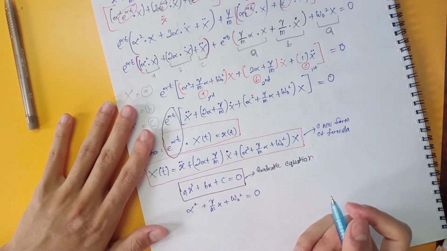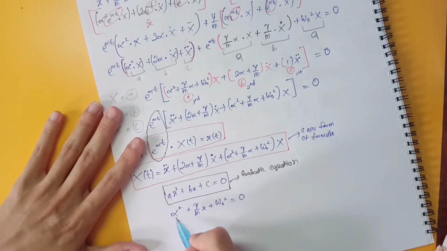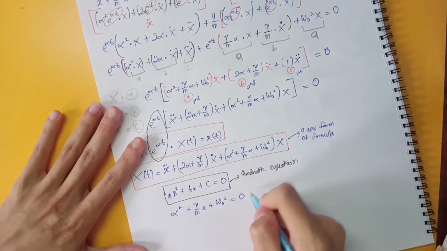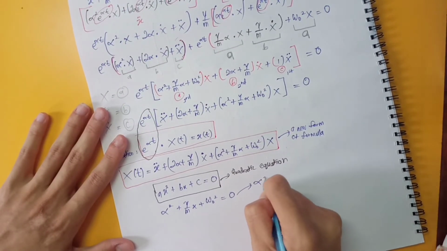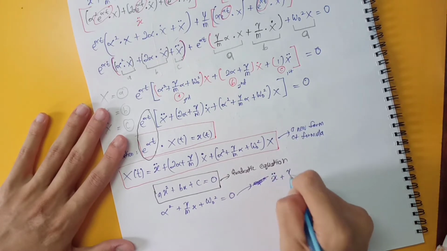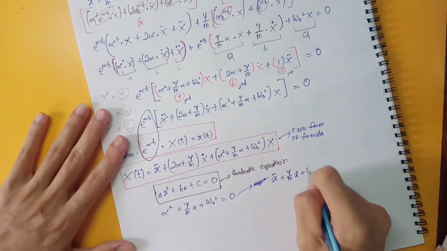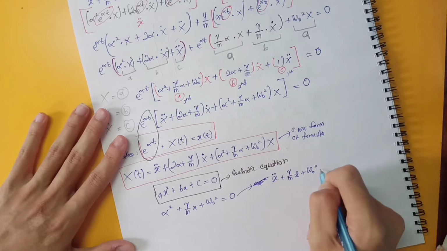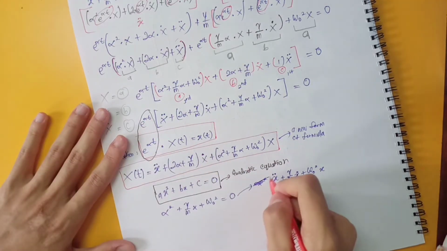This resembles x double dot plus gamma over m x single dot plus omega naught squared x. Okay, this resembles this one.